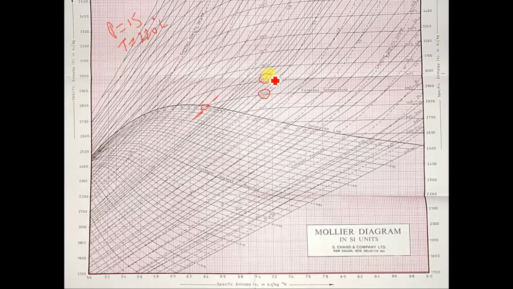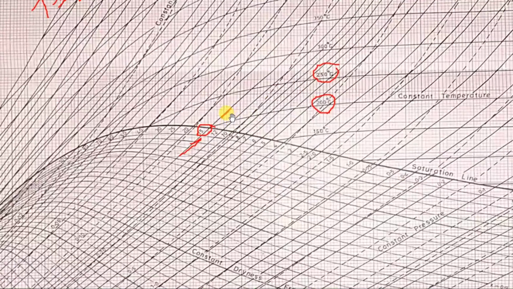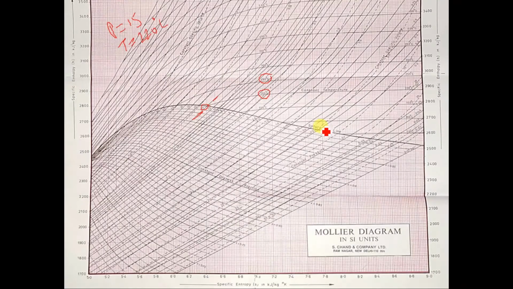So 220 is not available. So let's check how to mark this. First zoom that place. Now count the number of boxes. We have 1, 2, 3, 4, 5, 6, 7, 8, 9 boxes between 200 and 250.